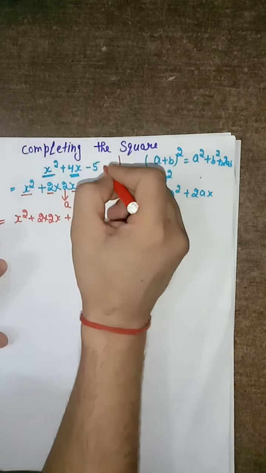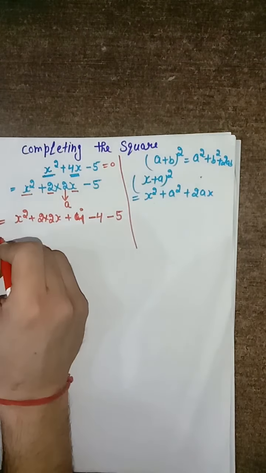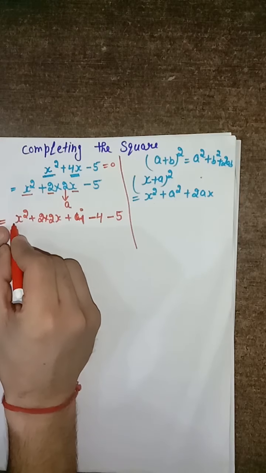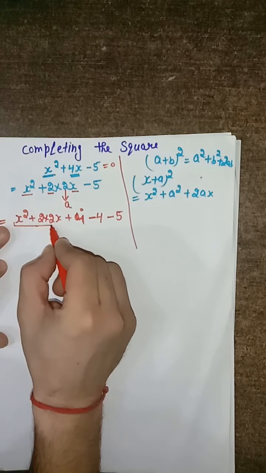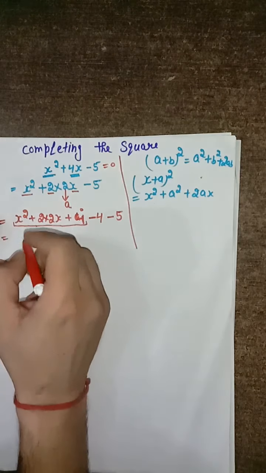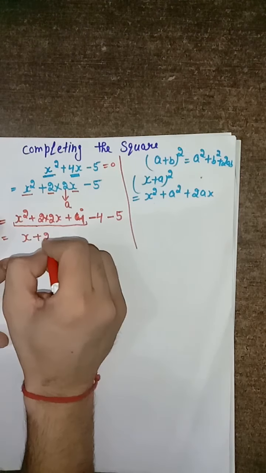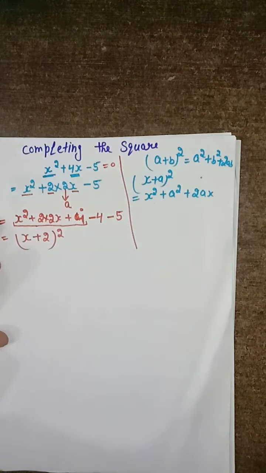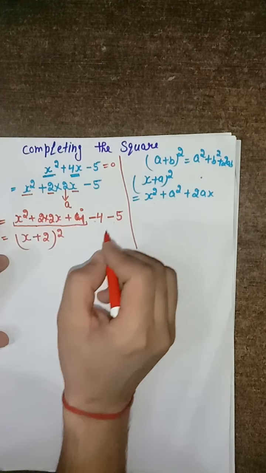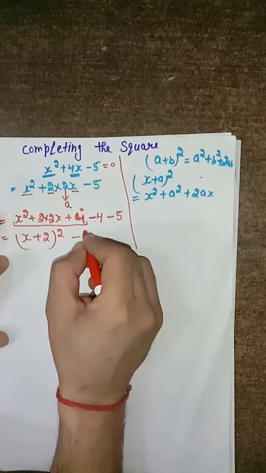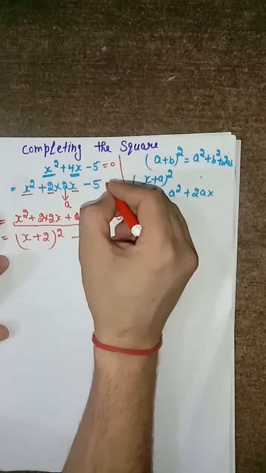Now if this is a square plus b square plus 2ab, then we can write this x plus a means 2 whole square, and this is minus 4 and minus 5, this will become minus 9 and equals 0.